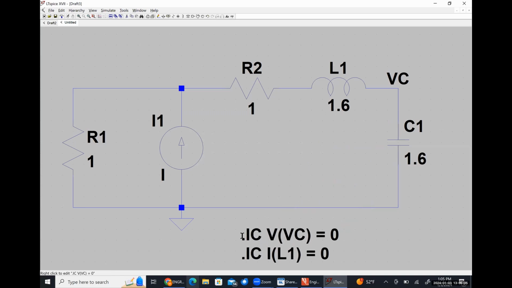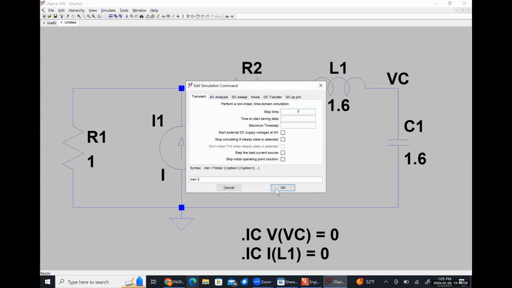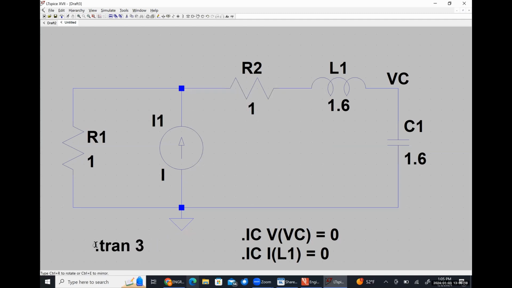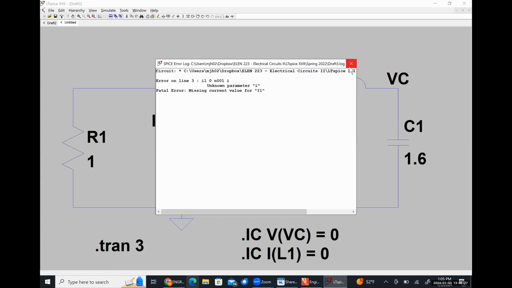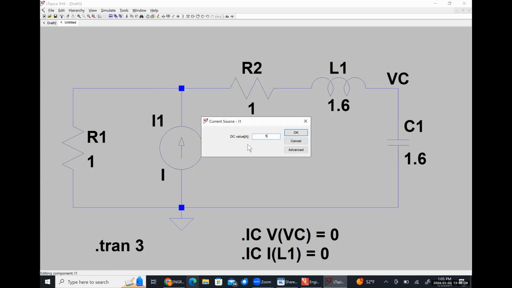Because alpha was 5/8 of a second, let's run this for like 3 seconds. Oh, I forgot to tell this that it was a 5 amp current source. My bad.